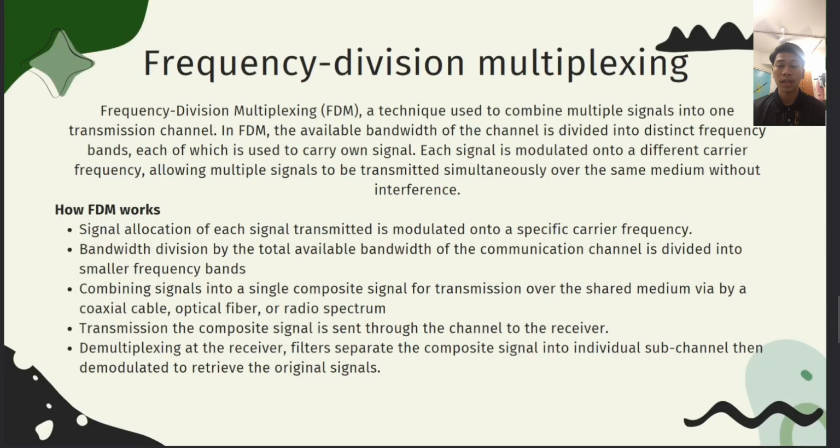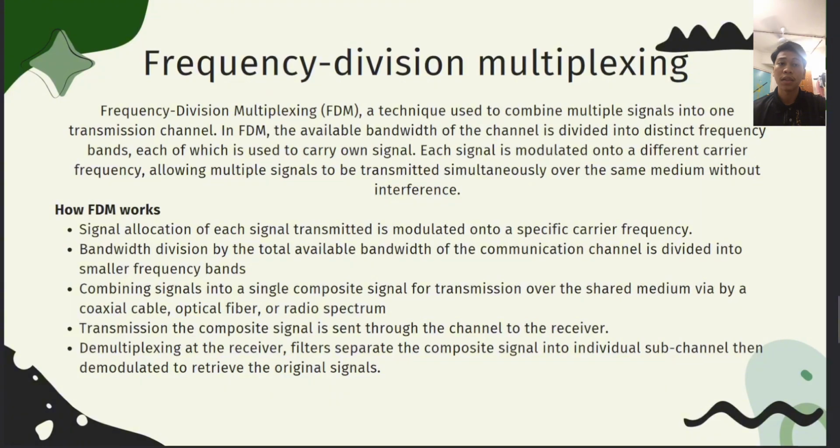My name is Muhammad Jumadil, and now I'm going to continue with multiplexing. There are two types of multiplexing: frequency division and time division. Frequency division multiplexing, FDM, is a technique used to combine multiple signals into one transmission channel.